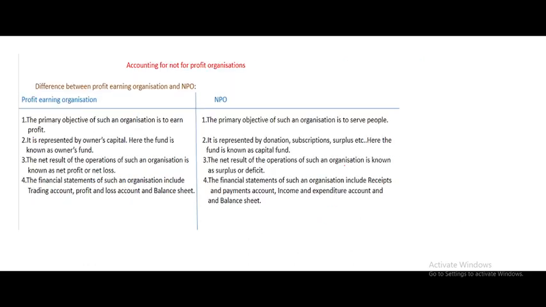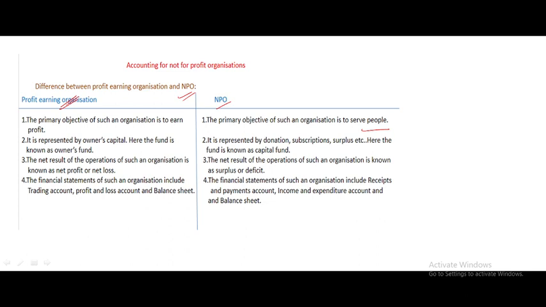Here we go. Now, difference between profit earning organization and NPO. First difference, the main objective of profit earning organization is to earn profit only, but in case of NPO, the main objective is to serve people, to serve members, to provide services to the public without aiming at profit.